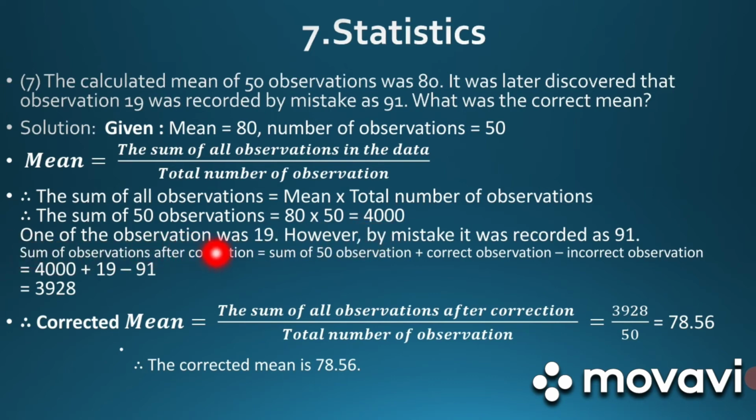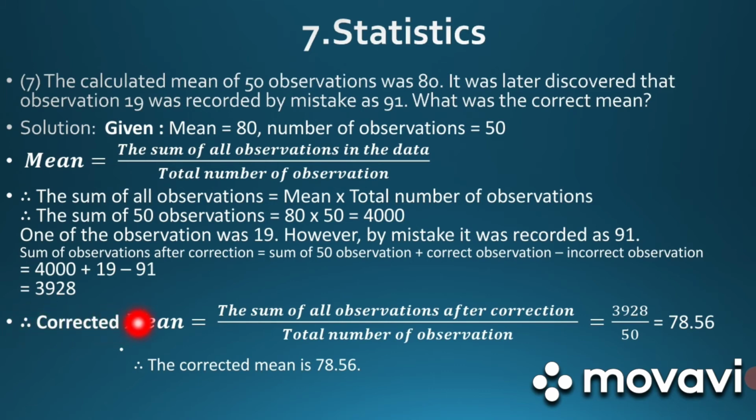One of the observations was 19. However, by mistake it was recorded as 91. Sum of observations after correction is equal to the sum of 50 observations plus the correct observation minus the incorrect observation. This is equal to 4000 plus 19 minus 91, which is equal to 3928.